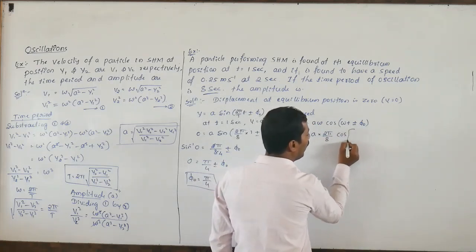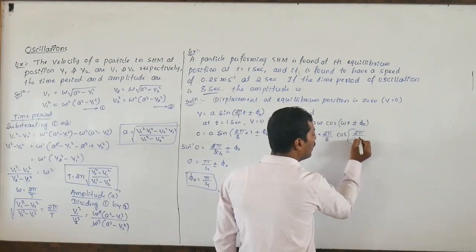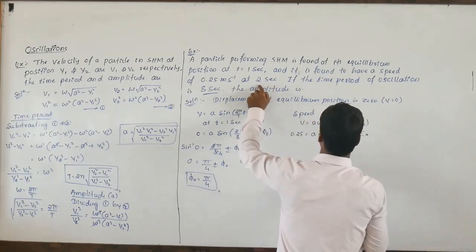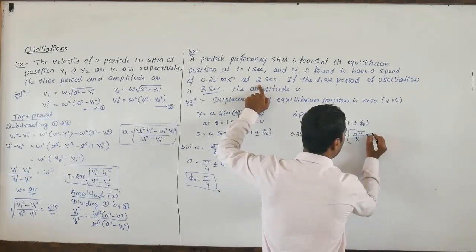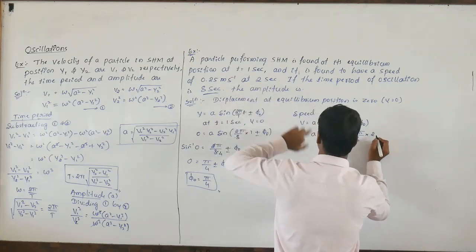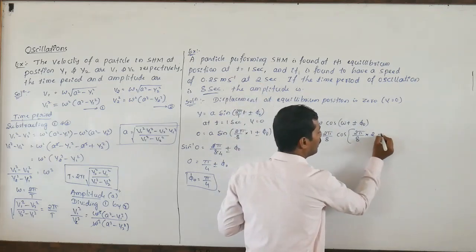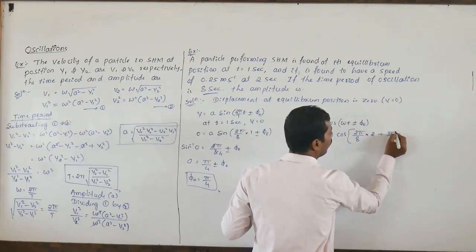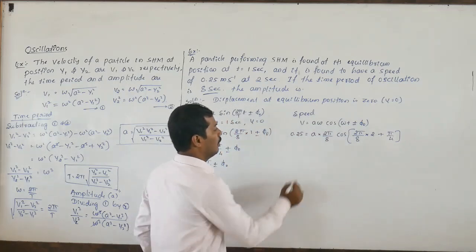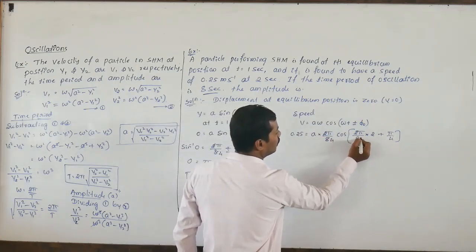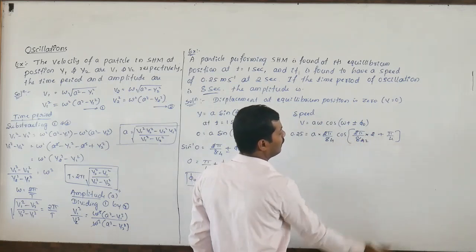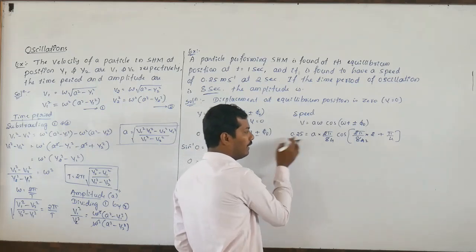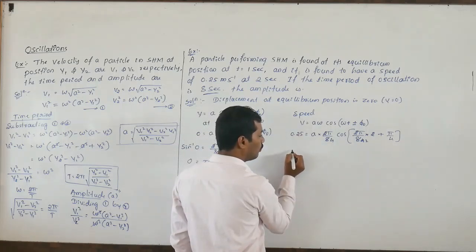Cos of 2 pi divided by T, again T is 8 seconds, and we have to calculate the velocity at 2 seconds, plus pi by 4. 2 ones are 2, 4s are cancelled, 2s are cancelled.